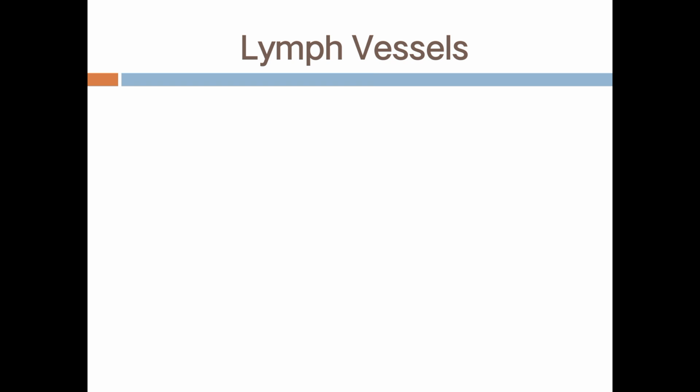Lymph vessels: lymphatic capillaries are tiny vessels that collect and filter fluid from your body cells and tissues. They help to maintain blood pressure and volume and prevent fluid buildup.